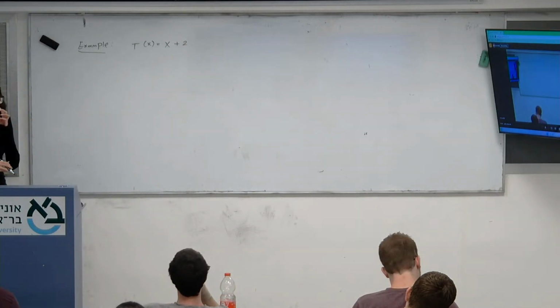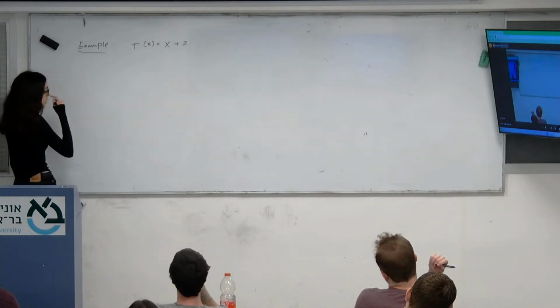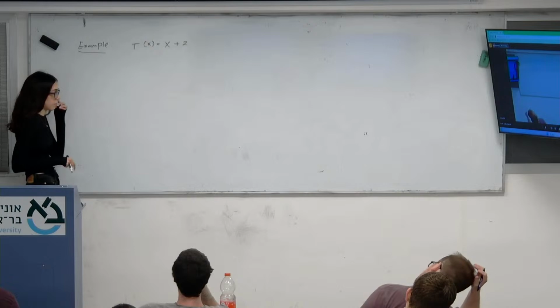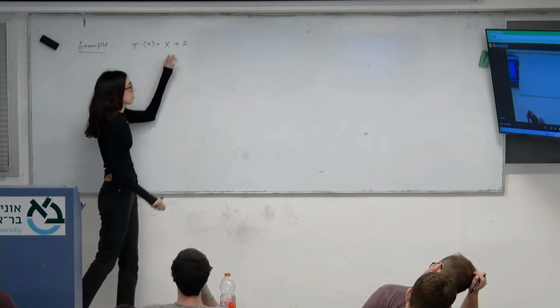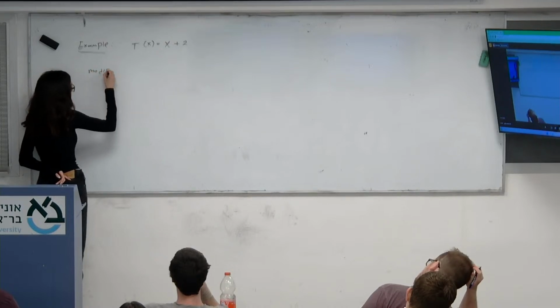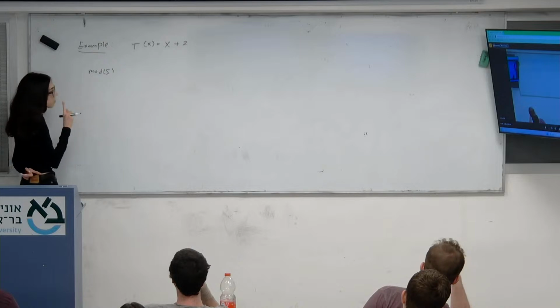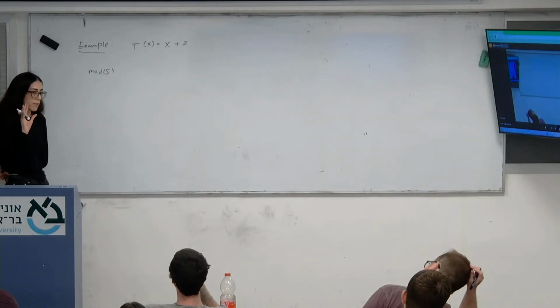So basically we have two options. Let's look at the case where the system is made of modulo 5. We have 5 sites in the system.